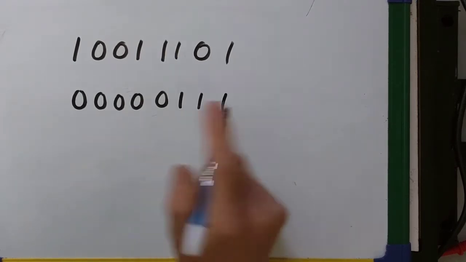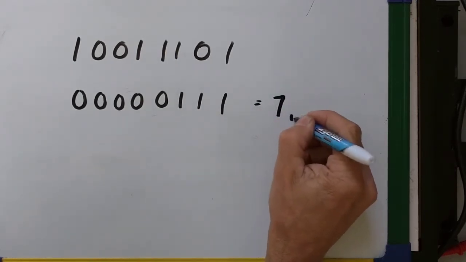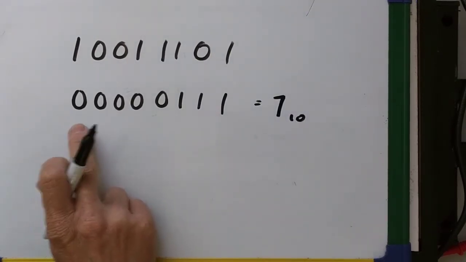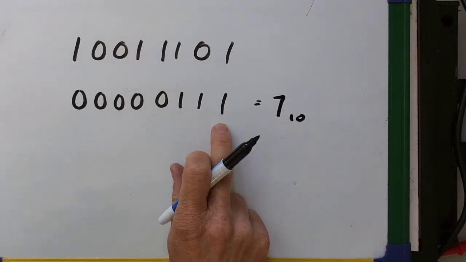So 1 plus 2 plus 4 is 7 in our base 10, but often it's written with these leading zeros so that it makes up a group of 8.